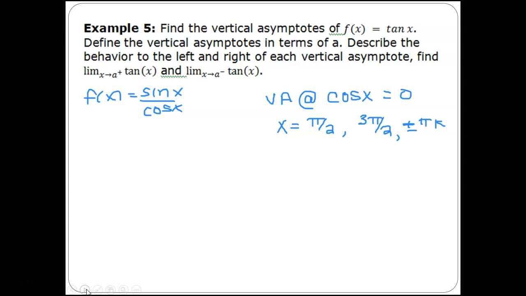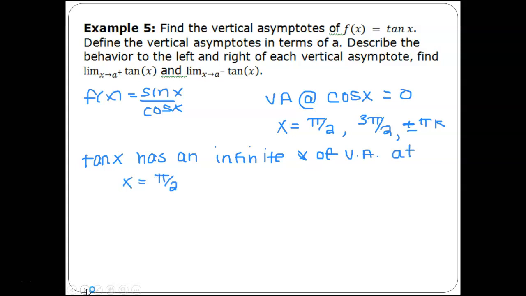So this function, and think about the tangent, please think about the graph of tangent. So what this tells me is that the tangent of x has an infinite number of vertical asymptotes at x equals pi halves plus or minus pi k.